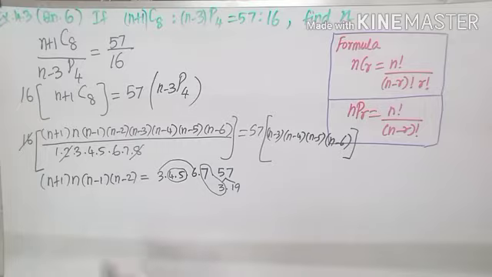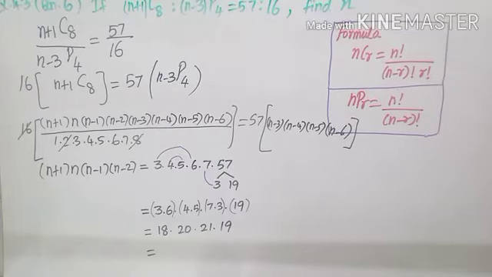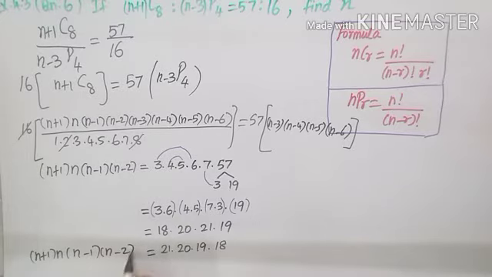Here it is in decreasing order, so here also I must write it in decreasing order: 21, 20, 19, 18. The LHS is n plus 1, n, n minus 1, n minus 2.